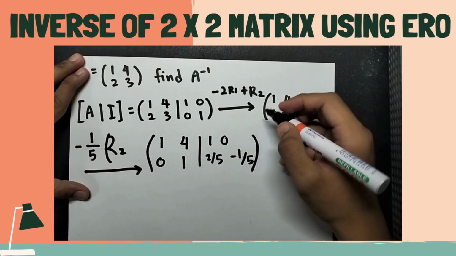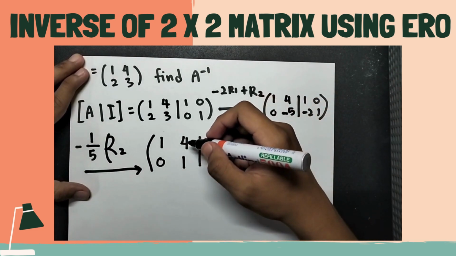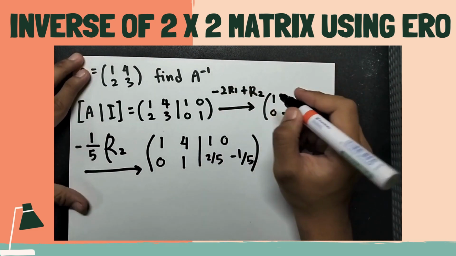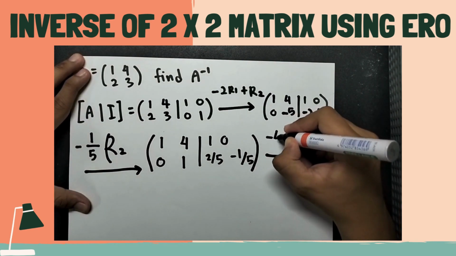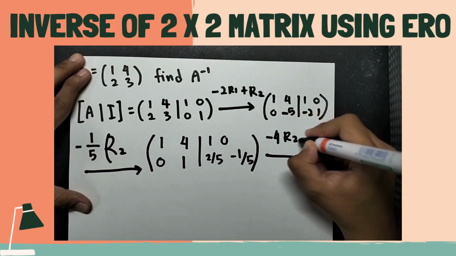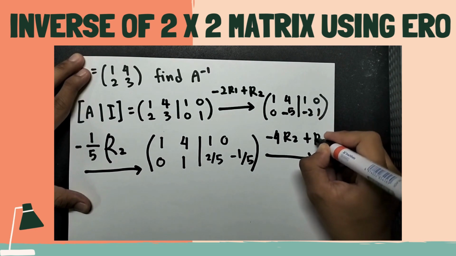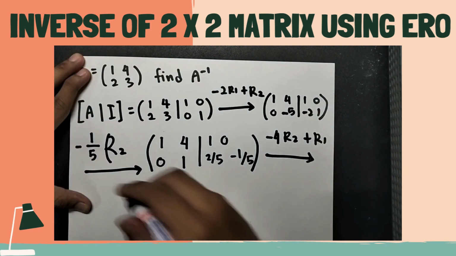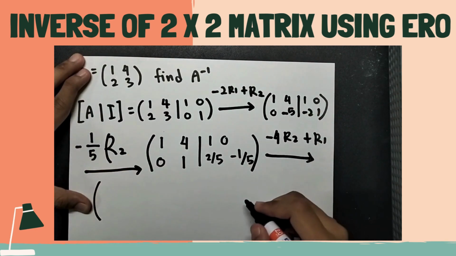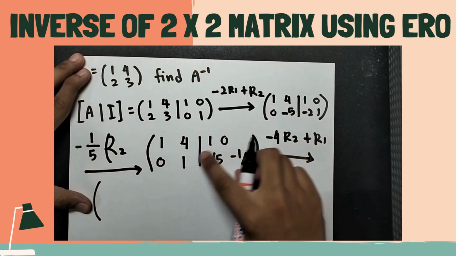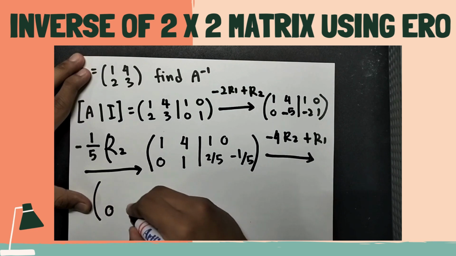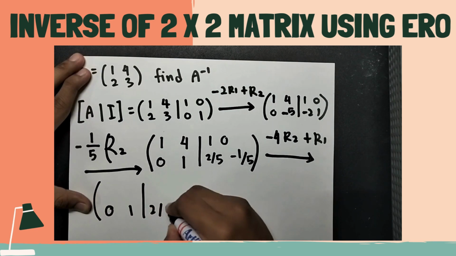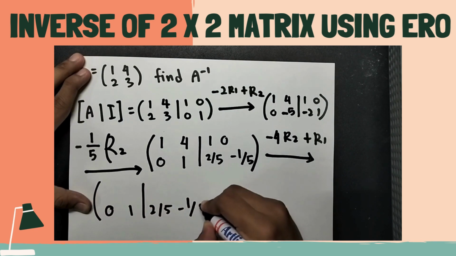So lastly, we need to change 4 into 0. So let's have negative 4 R2 plus R1. Same as before, there will be no change in row 2, which is 0, 1, 2 over 5 and negative 1 over 5.